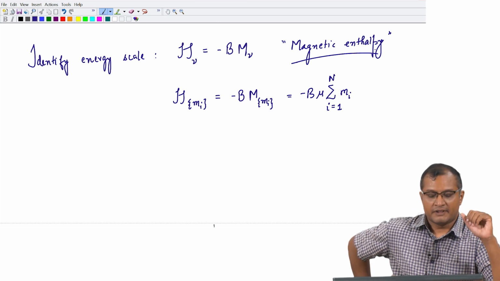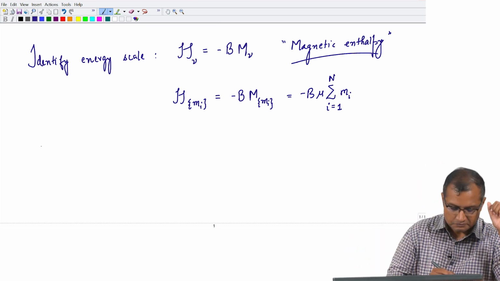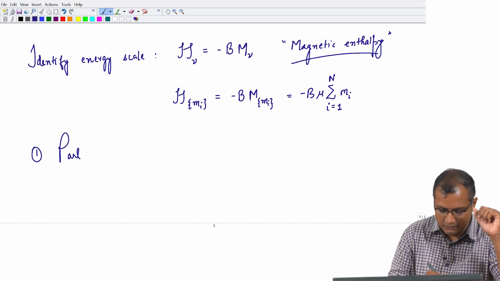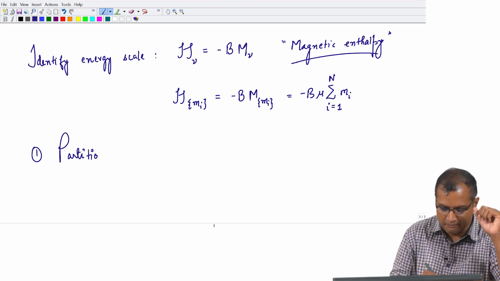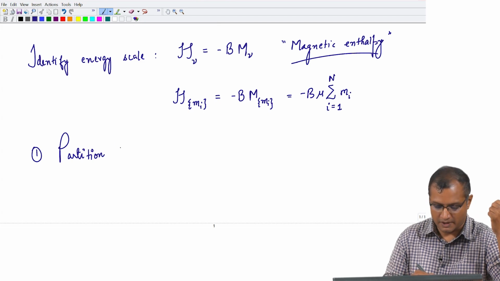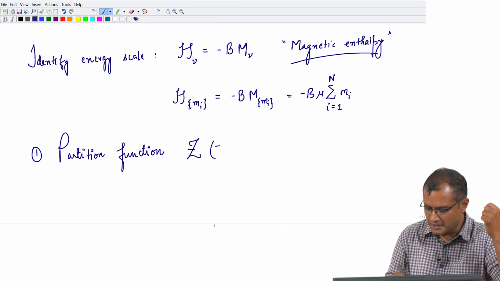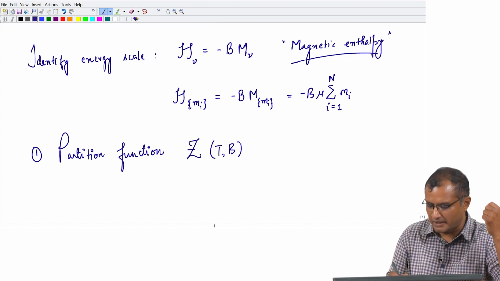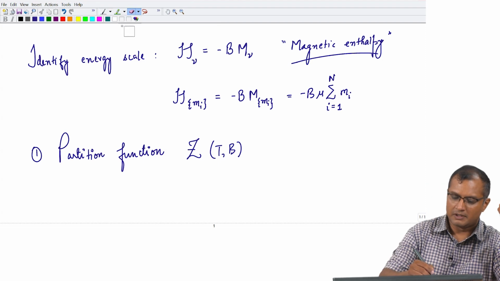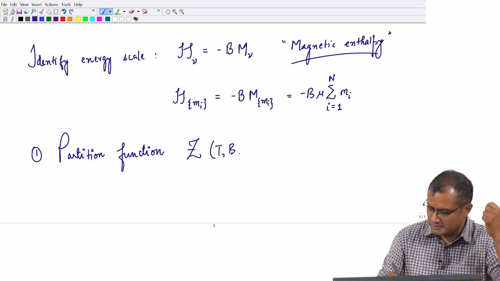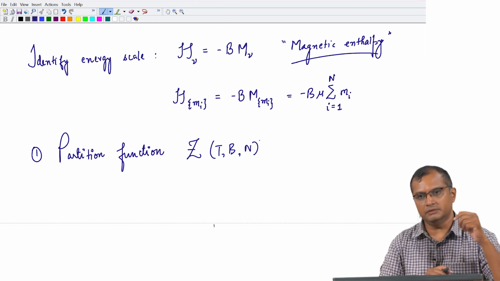For example, if you have the partition function, I will call it as the Gibbs canonical partition function. At constant temperature and magnetic field, you can also call constant number of spins.